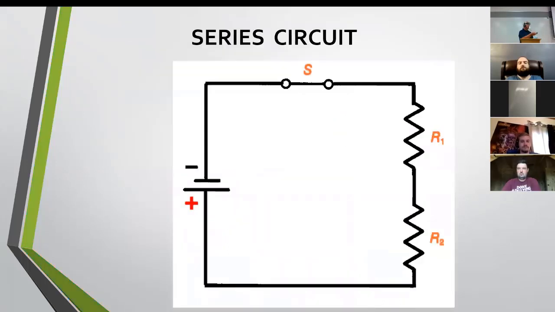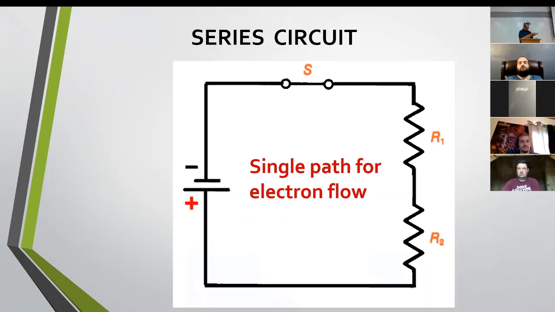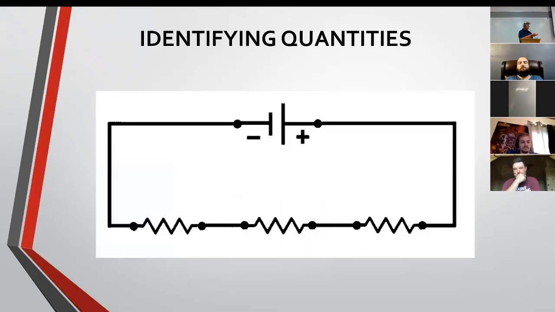All right, series circuit. Single path for electron flow, like I said. Whatever current flows through one, flows through them all.